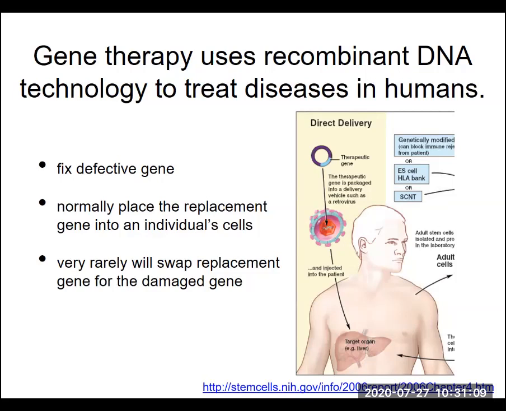Normally what's going to happen is we're just going to put in the correct DNA, the replacement gene, and get that into the cells somehow, so that the individual cells may be producing both the products of the damaged gene as well as that replacement recombinant DNA. So it's not fixing the DNA per se, but it's providing the correct information to the cells that need it.